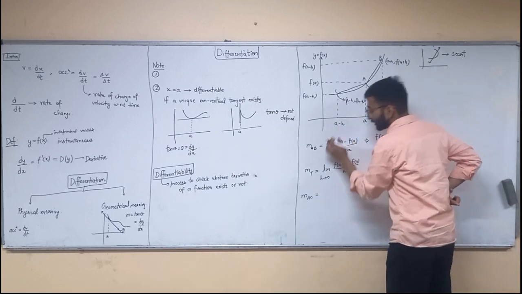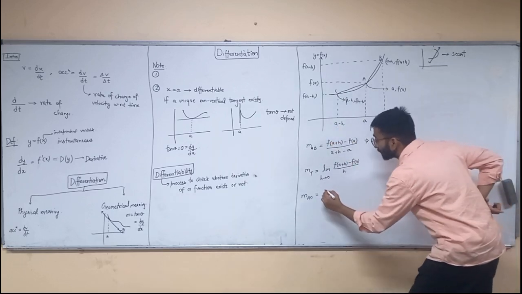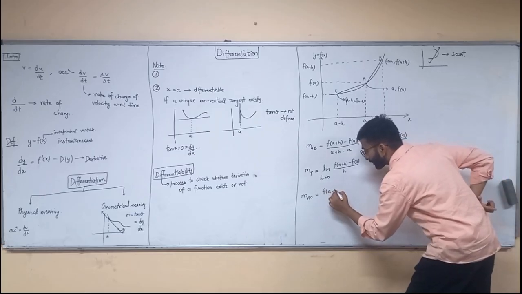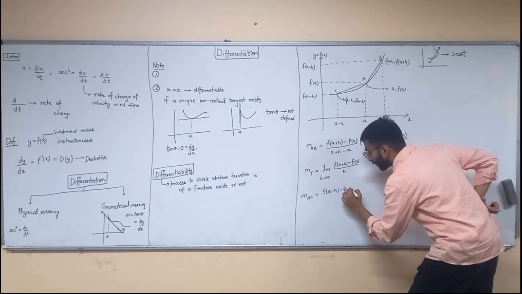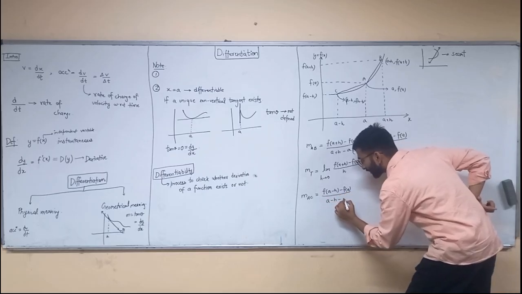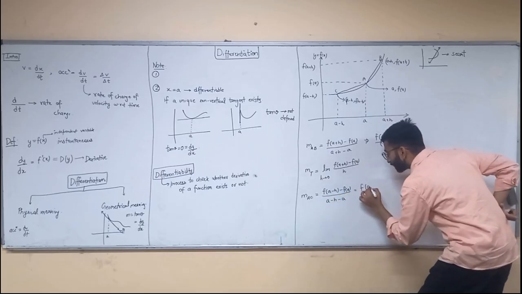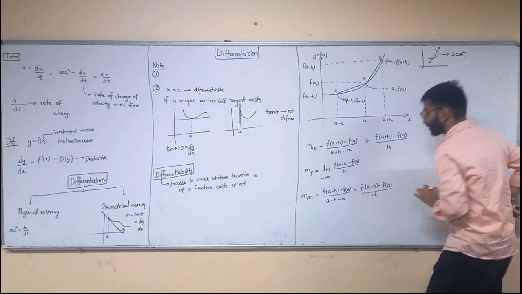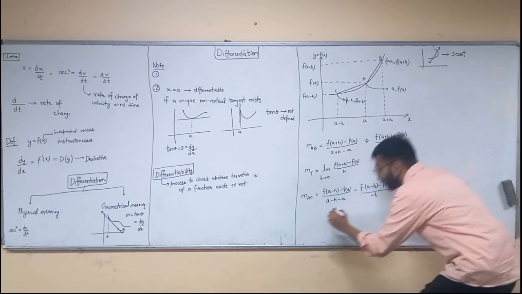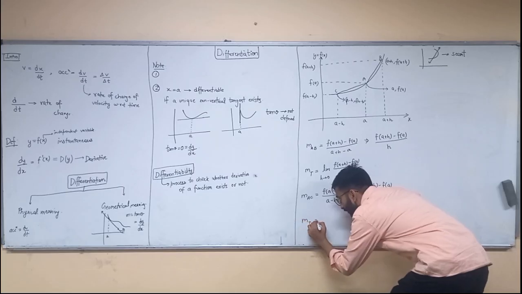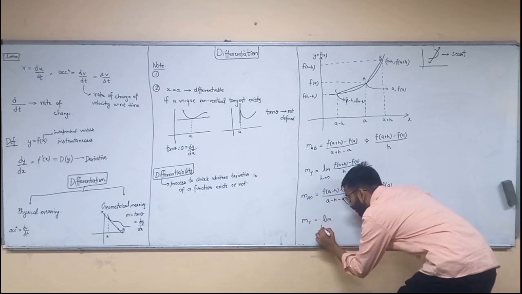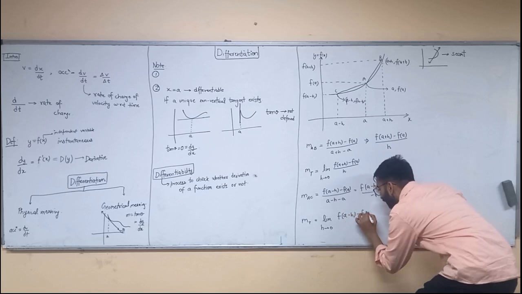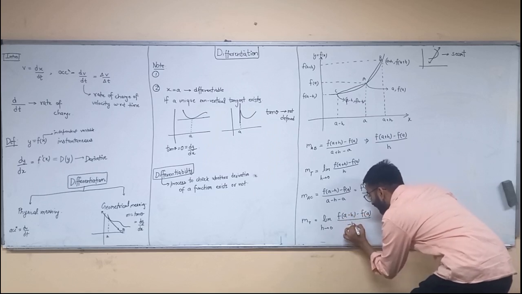The slope of AC will be y2 minus y1, that means f of a minus h minus f of a upon a minus h minus a, and that will be f of a minus h minus f of a upon minus h. Also, if I take the limit h equal to 0, this will become f of a minus h minus f of a upon minus h.